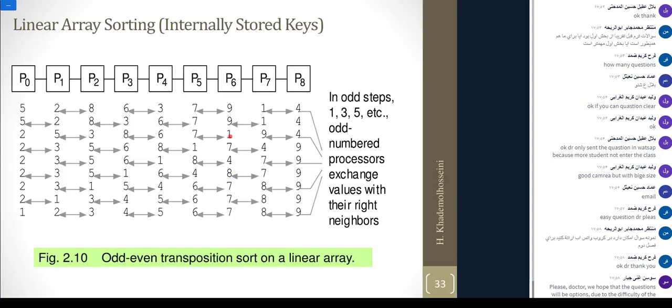I will give you an example of linear array sorting with internally sorted keys.